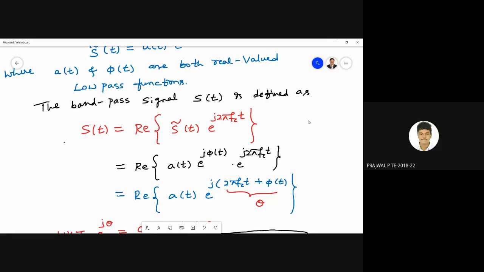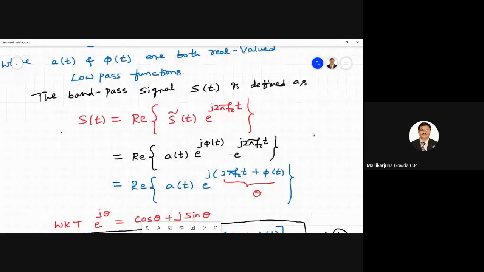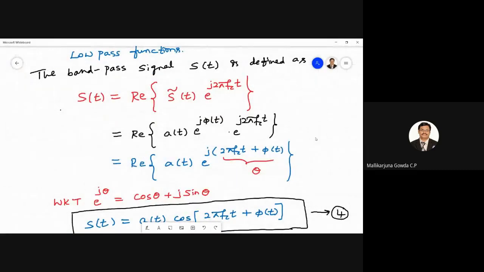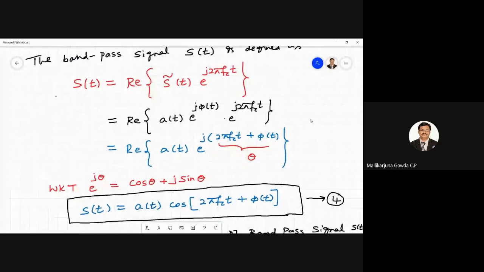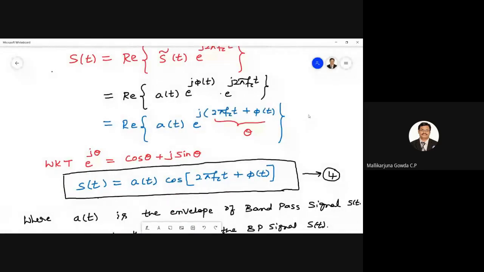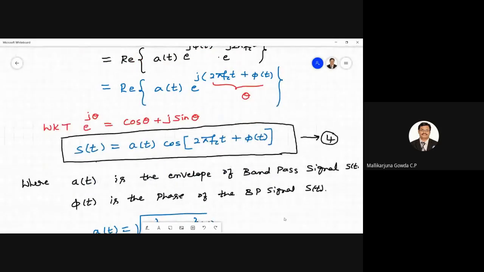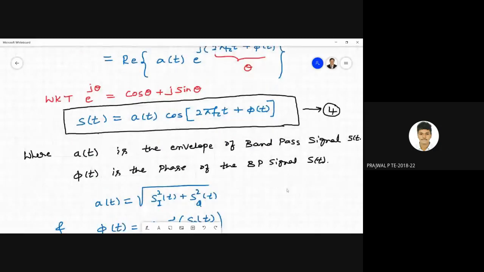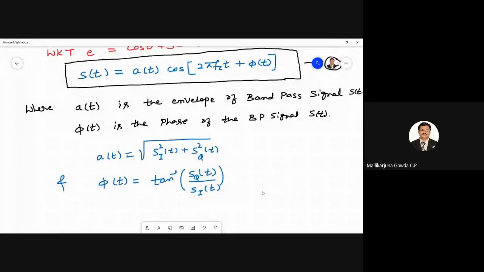So these are the two ways to represent the bandpass signal: one in Cartesian form, another in polar form. Is this fine?